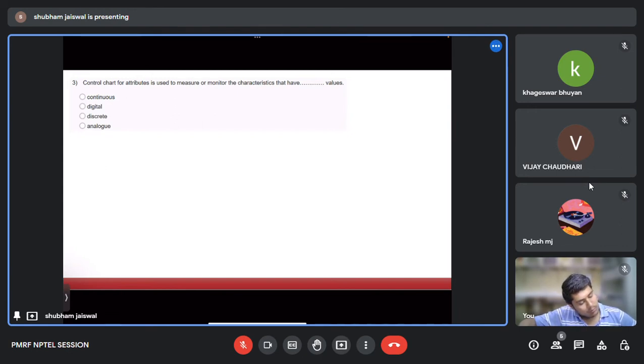Digital and analog we are not talking about, so we can easily eliminate those two options. Only continuous and discrete remain. When it is variable, it is continuous. When it is attribute, it is discrete.